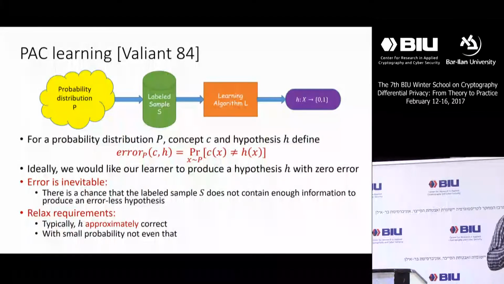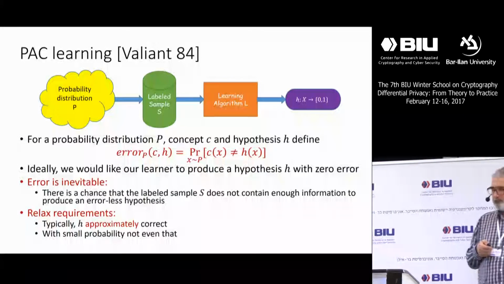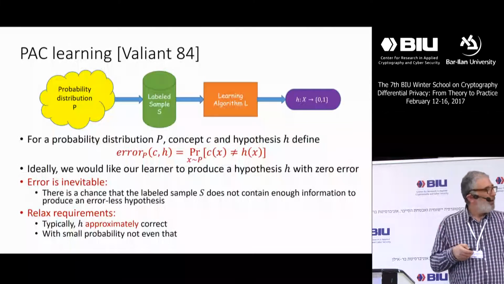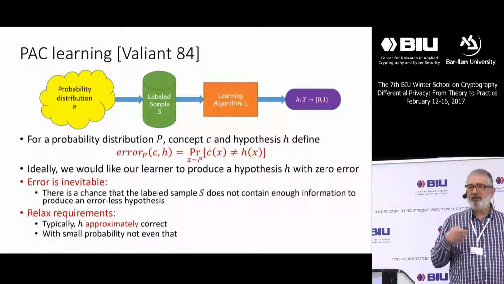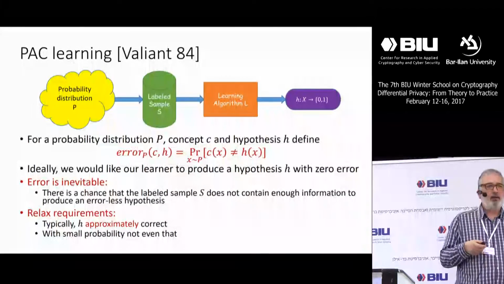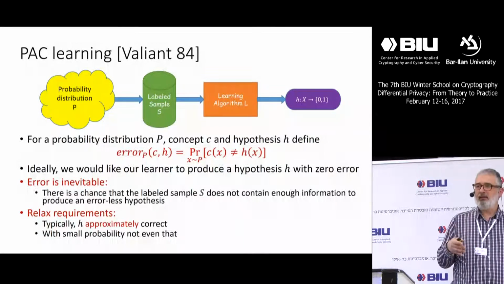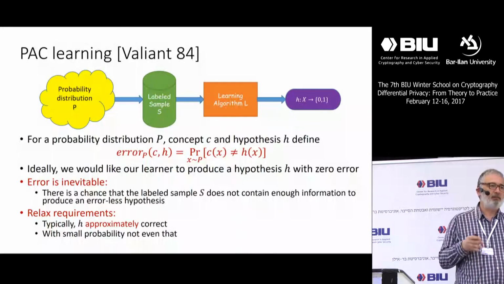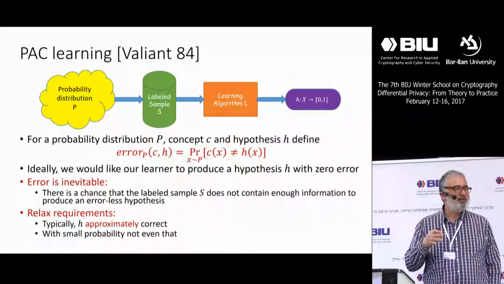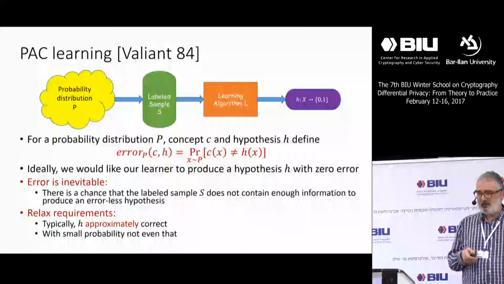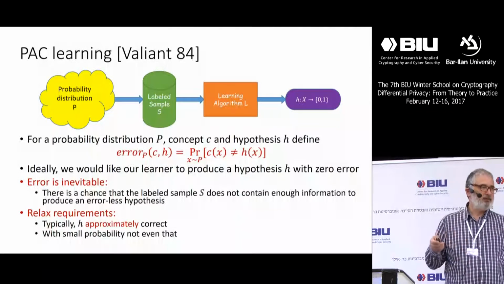So we don't require alpha to be 0 in general, and usually we won't. And furthermore, we allow that in rare cases even that will not happen. Maybe we will output a hypothesis that is totally bogus. So only typically do we require that the outcome H be approximately correct.